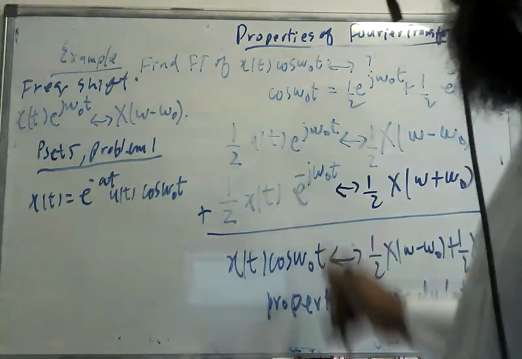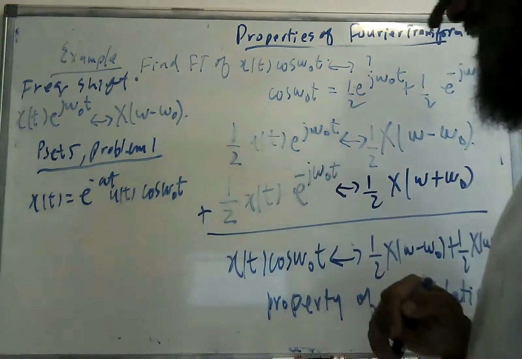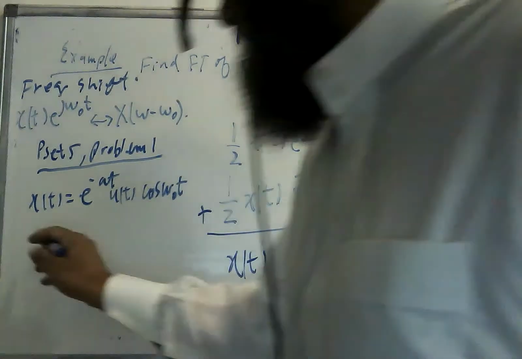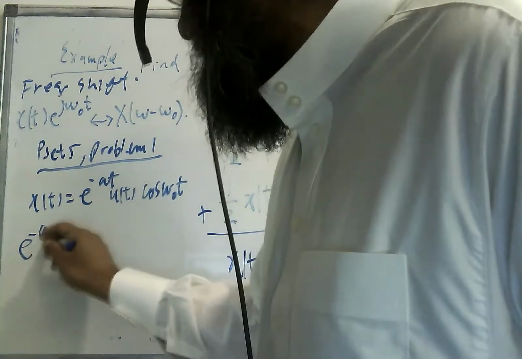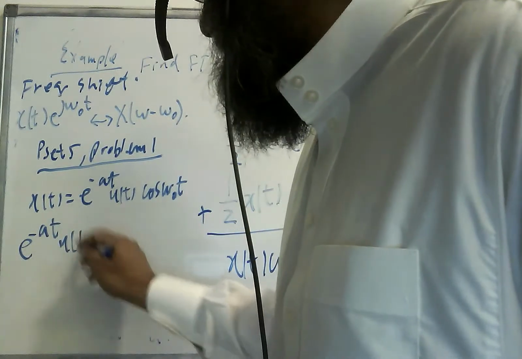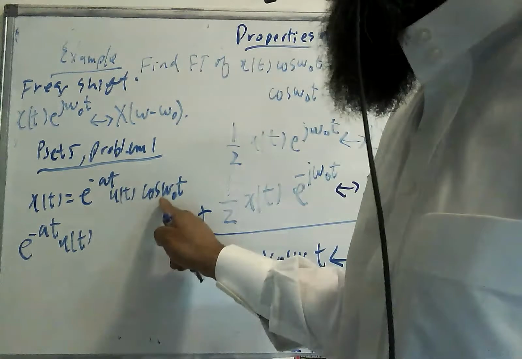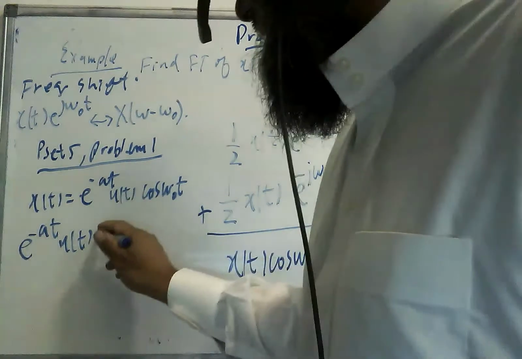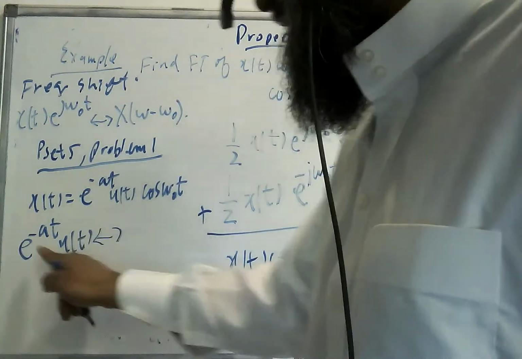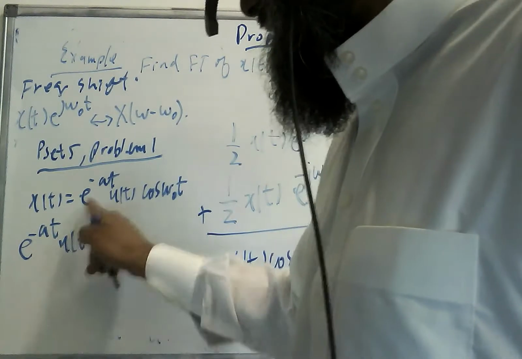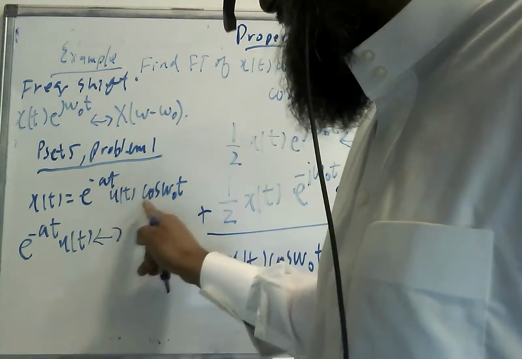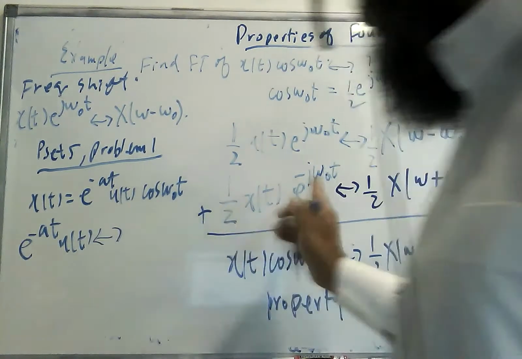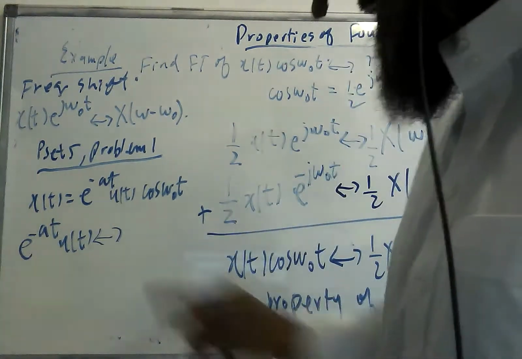Now I can apply this property and easily find the Fourier transform of this. So I know the Fourier transform of e raised to the power minus at u of t. In all these questions, I split this into plus and minus exponentials. The first step is always find the Fourier transform of the actual function, and then we split the function into two and find the shifted Fourier transform.